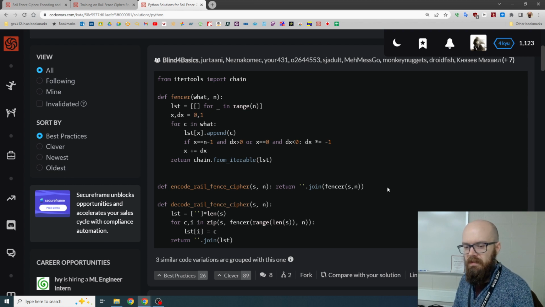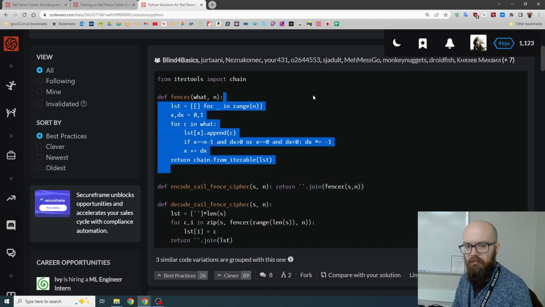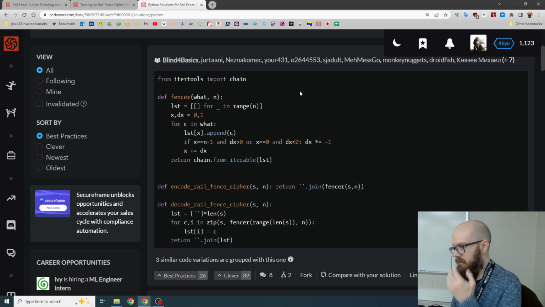So this person is doing what I said a minute ago, where the encode is just a join, because you have all the work outsourced into this common function, this common work that's in both of the things, right? Like he called it fencer, which makes sense because it's the fence thing.